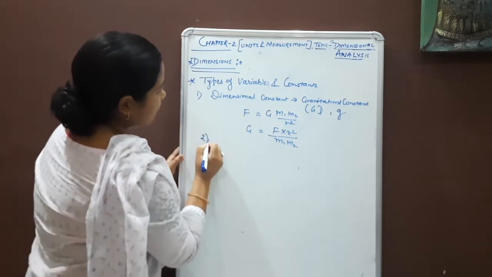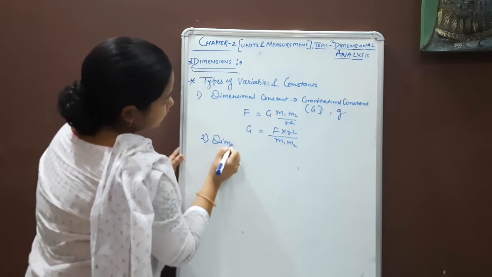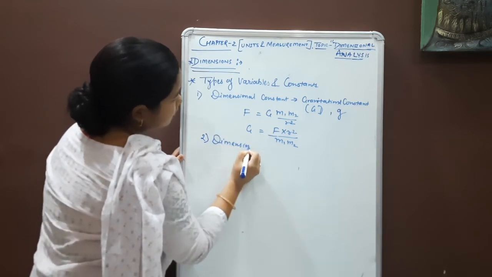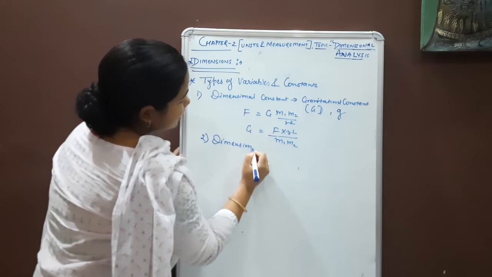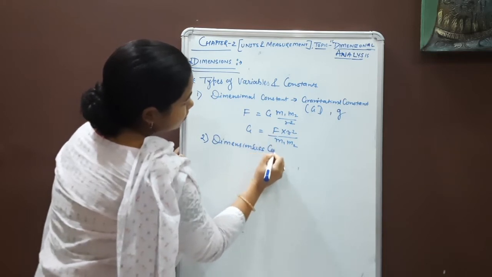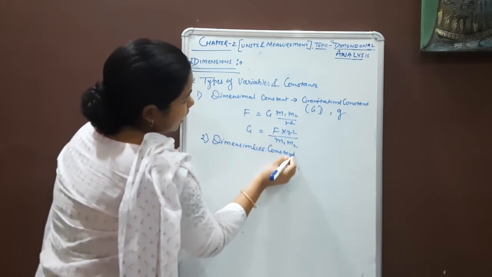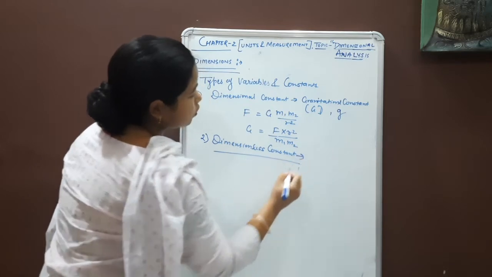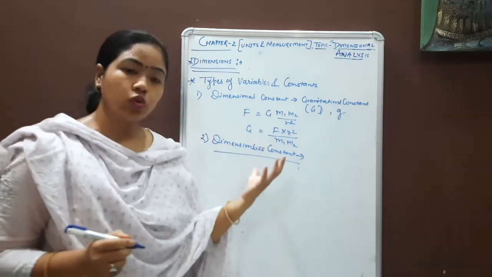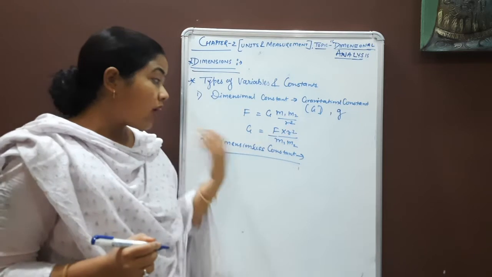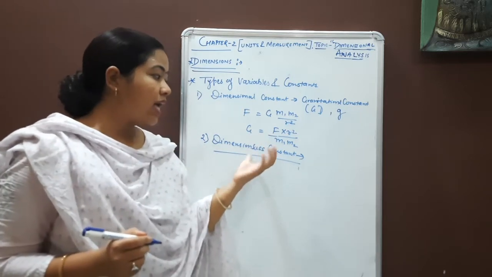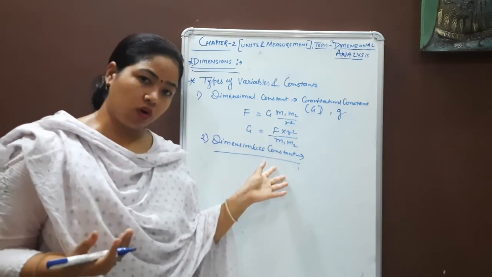Second, we have dimensionless constants. Dimensionless constants are those physical quantities which do not have any dimensional formula, and their values are constant.